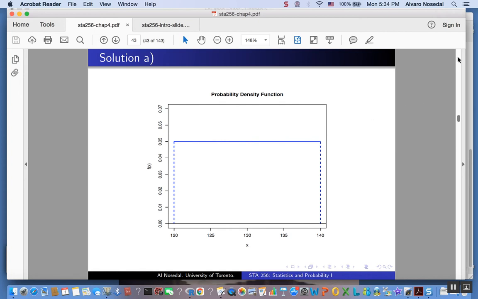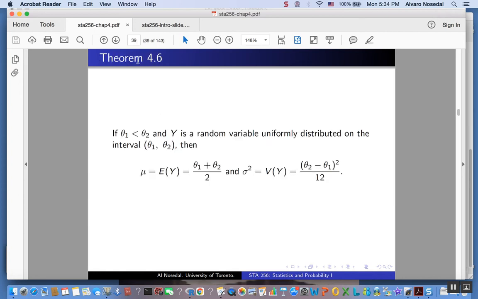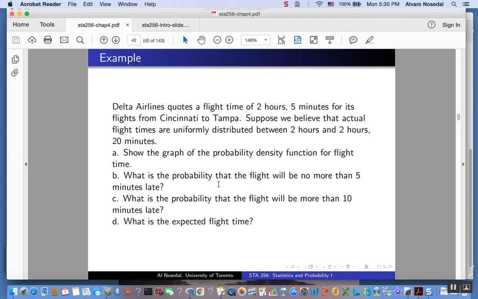Remember, the expected value was theta1 plus theta2 divided by 2. So in this case it would be 120 plus 140 divided by 2. Let's apply it in this particular case for part D.